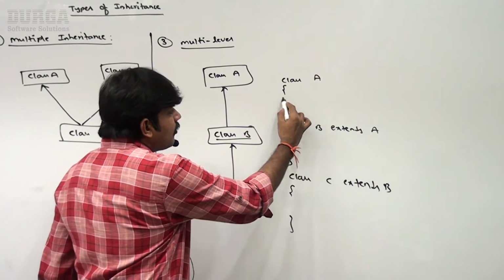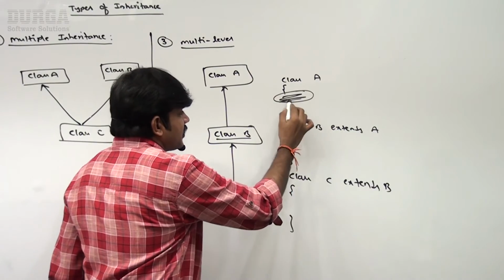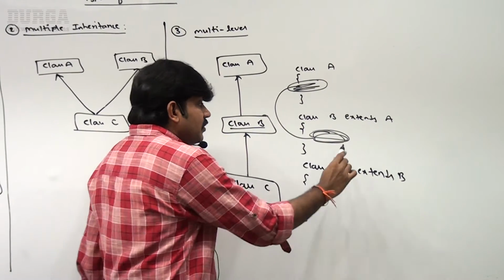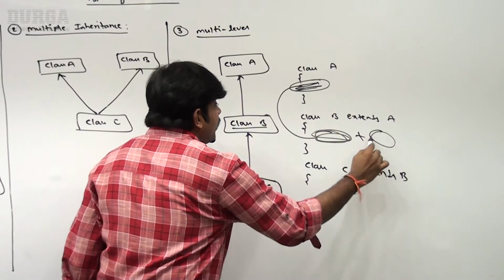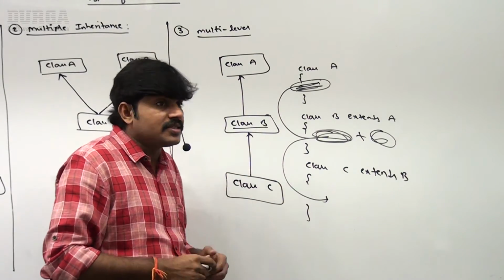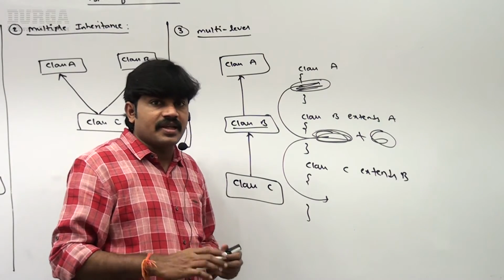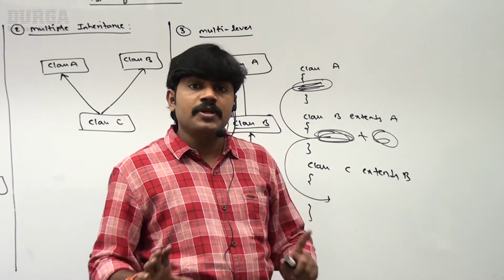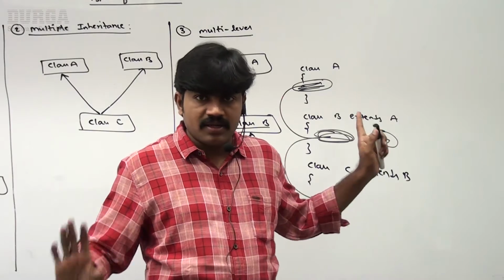So all properties present inside class A are by default available to class B. All properties present inside class A and B are by default available to class C. This type of inheritance is multi-level inheritance. Perfectly, this type of inheritance is valid and applicable in Java, no problem at all. Clear for all of you?